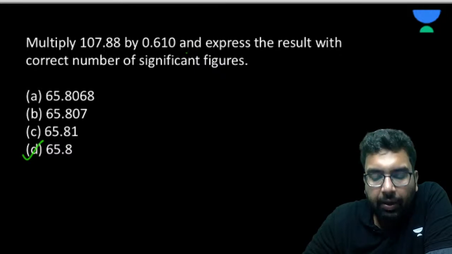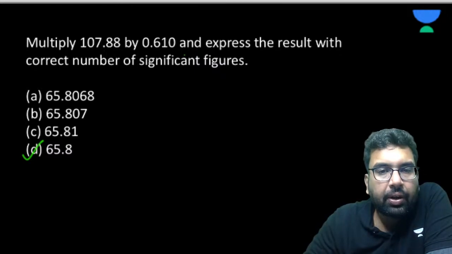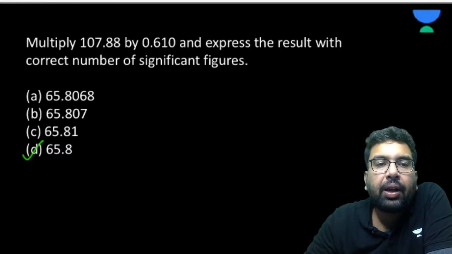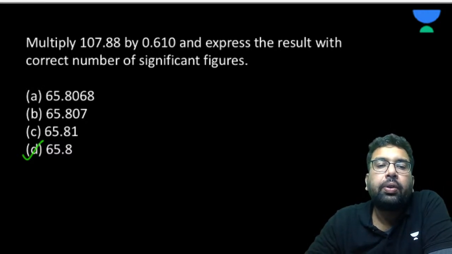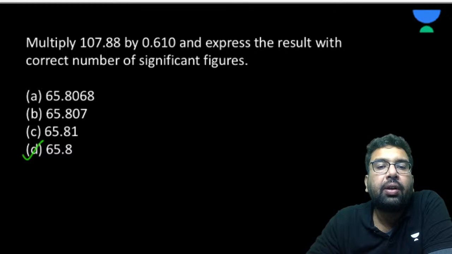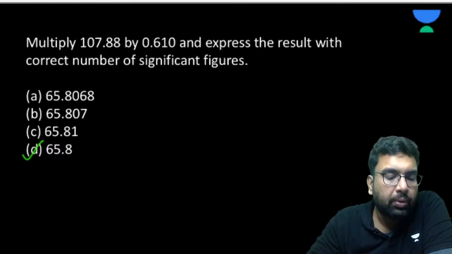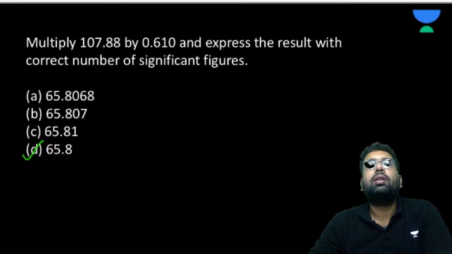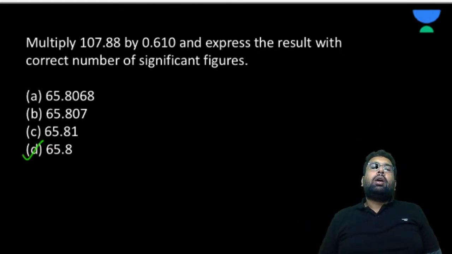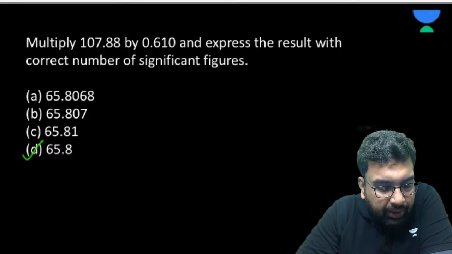Because if you have gone through the significant figures, you know when two numbers are multiplied or divided, the result has the number of significant figures equal to the number of significant figures with the least value.